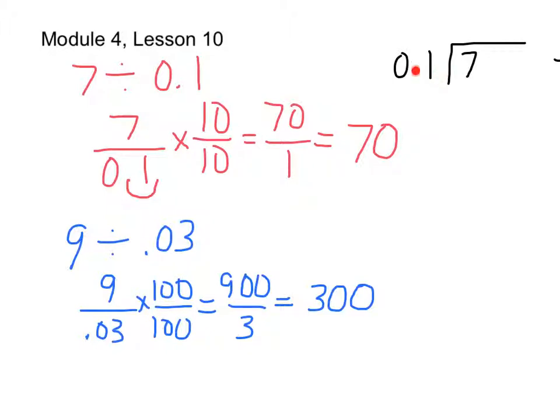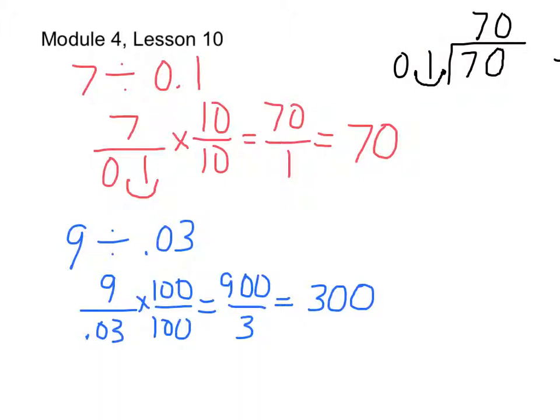Well, 1 will do it, times 10. That means I have to multiply this by 10 as well, it's the same thing I did up here. But now we're just going to pop on a 0 because 7 times 10 is 70. Now it's 70 divided by 1, which is, of course, 70.